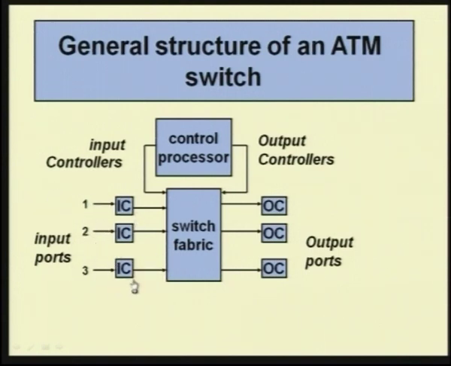There are input controllers which control the data coming in, which goes into a switch fabric. And then you have output ports which again are controlled by means of output controllers. There is a control processor in between which takes care of configuring the switch and making sure that the switching takes place correctly. This is typically constructed using VLSI circuits. So, it is basically a hardware based switch that is used.